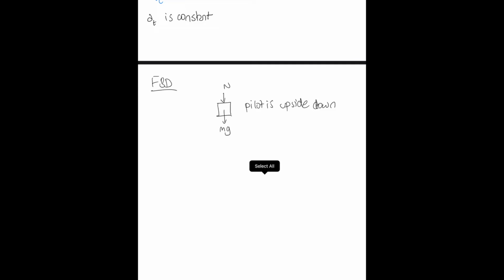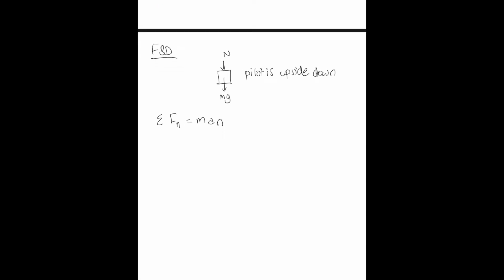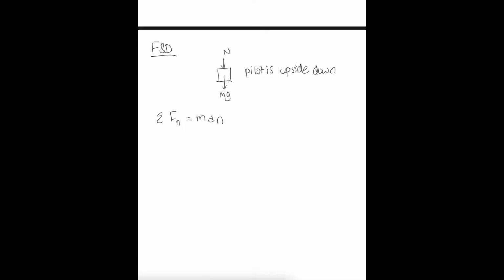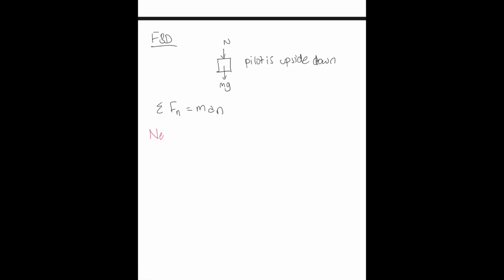Now in this case, if you want to know the sum of forces, it's going to be equal to m a_n. Now, if we recall Newton's second law, we already know Newton's second law.